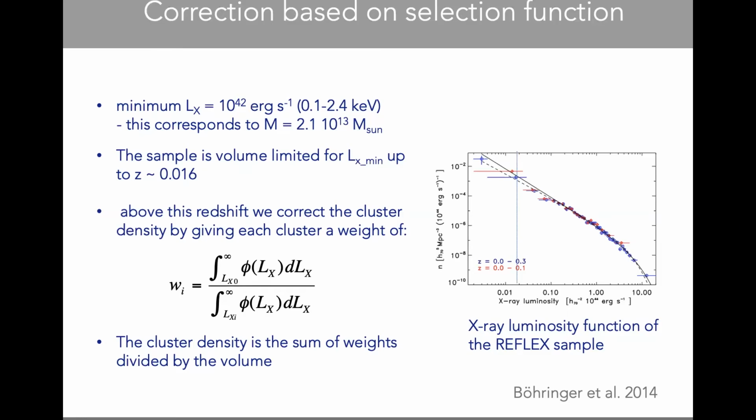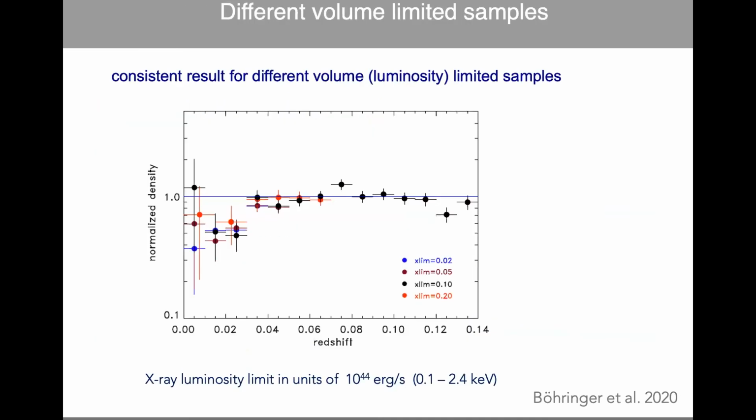And that is how we correct our flux limited sample so that we can assign a cluster density that is not dependent on the redshift. And that is what we use to check that everything is well behaved, without going into too much detail.